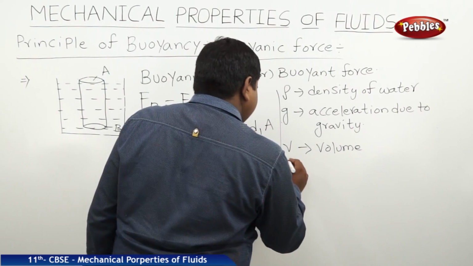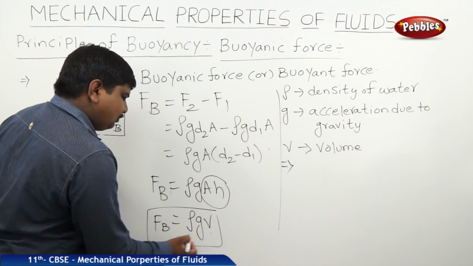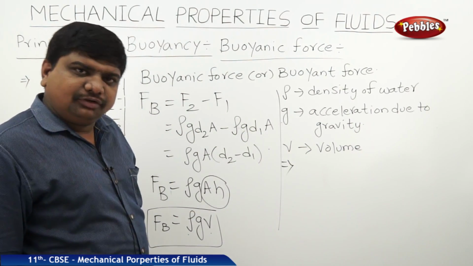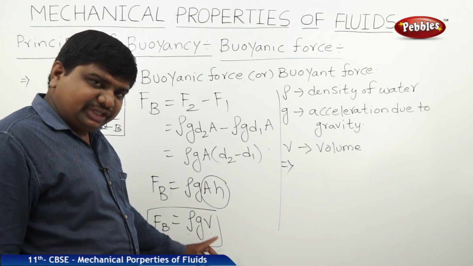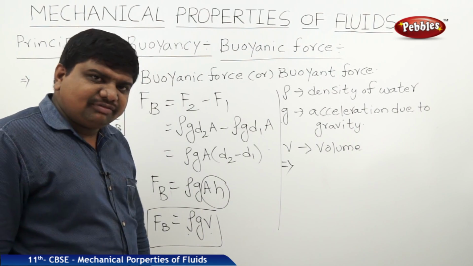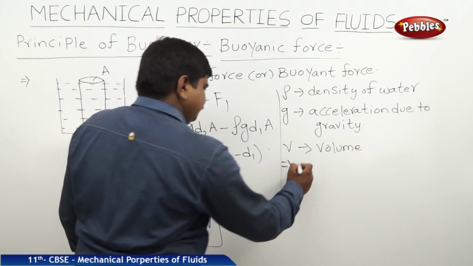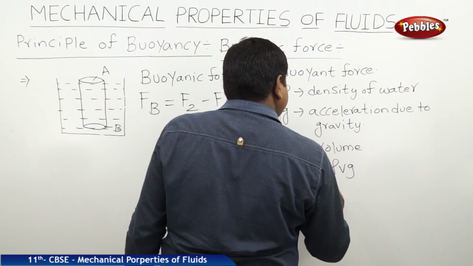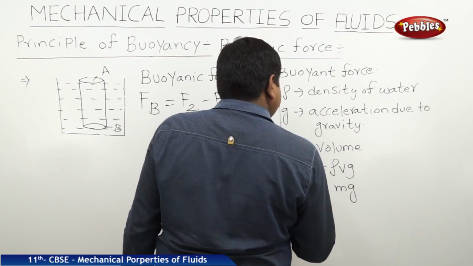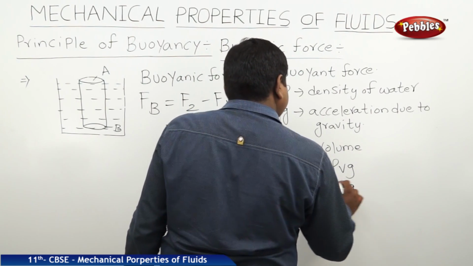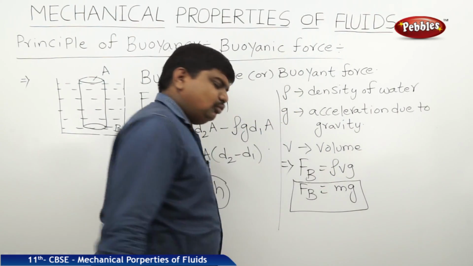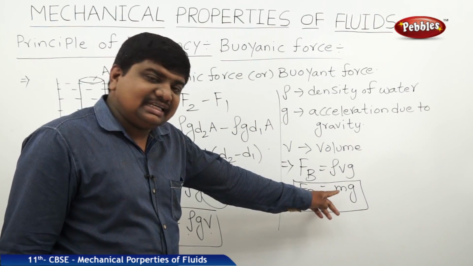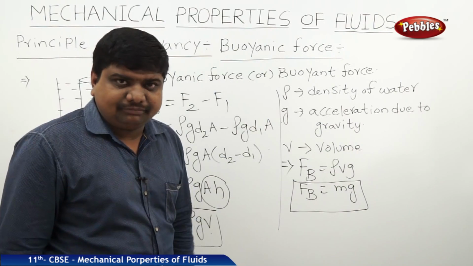So from rho and V, rho into V, in the formula it is rho into g into V. Density into volume of the body is nothing but the mass. Therefore Fb is equal to rho V g, which is nothing but mg. What is this mg? This mg is nothing but the weight acting on the body.